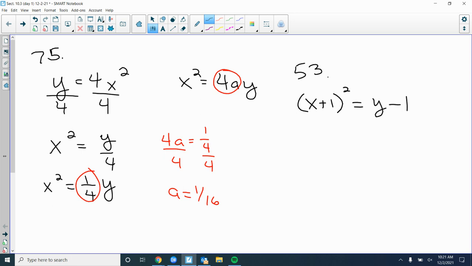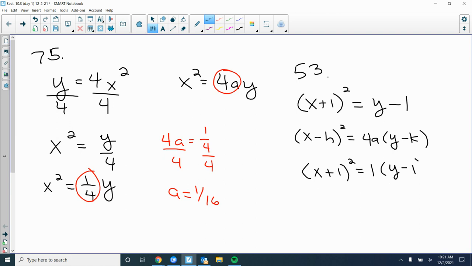And so we're looking for the coefficient in front of the parentheses, because we're looking for something of this form: x minus h squared equals 4a times y minus k. Well, I got the y minus k. Just think of that as a 1. So x plus 1 squared equals 1 times y minus 1, and that means 4a equals 1.